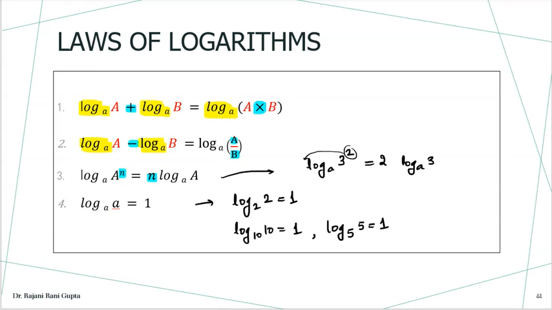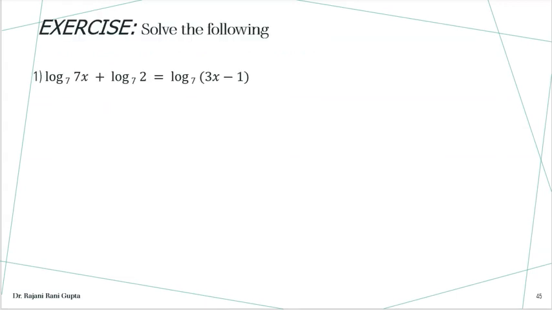Okay, so now we will see how to simplify or solve logarithmic equations by using these four laws. The first equation is log to the base 7 of 7x plus log to the base 7 of 2 equals log to the base 7 of 3x minus 1.